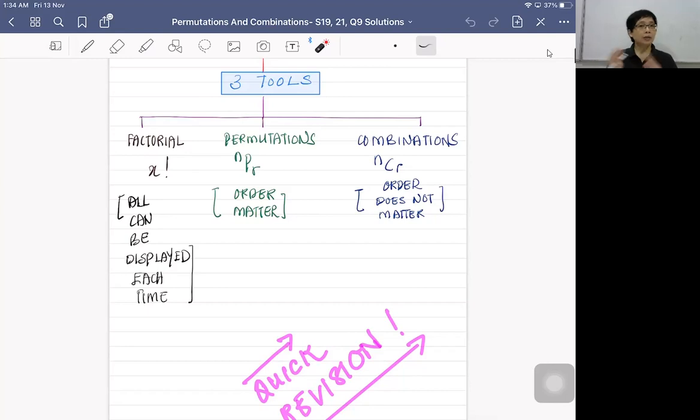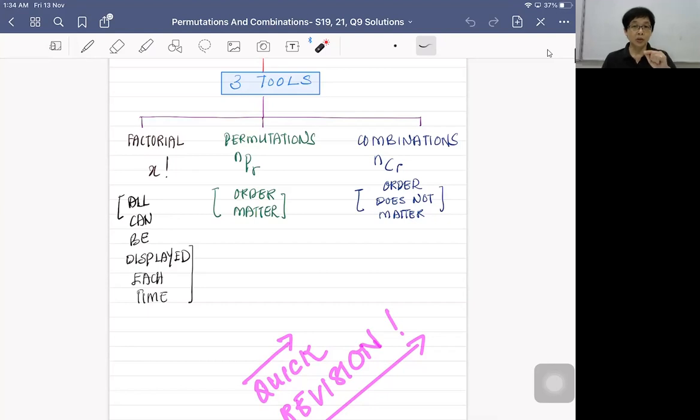It makes no difference; that's what it means by order does not matter. But for permutation, 1, 2, 3 is considered one distinct, unique arrangement, and 2, 3, 1 is considered another.